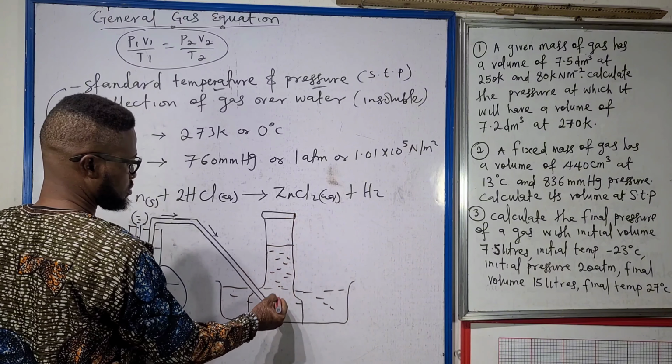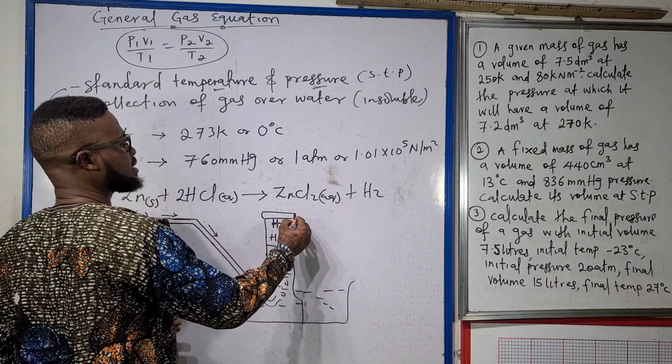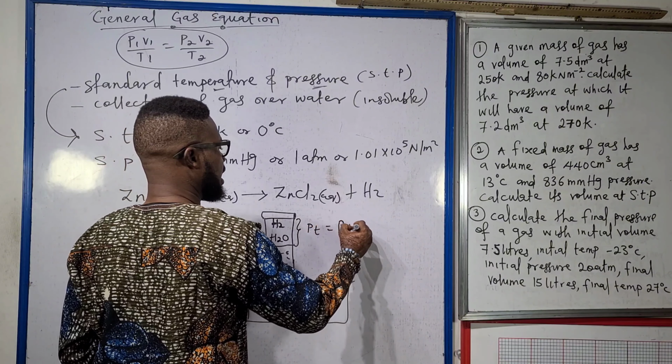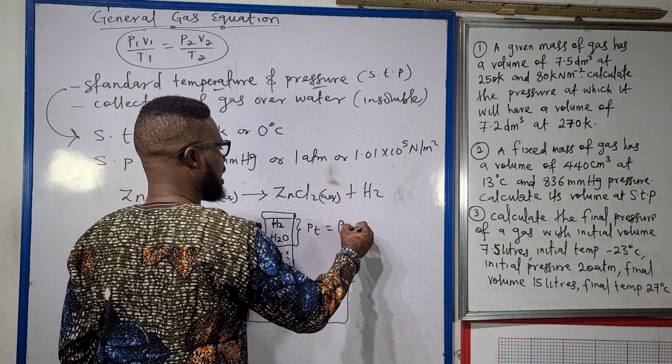You need to understand that there are instances whereby some of the water here will change to the gaseous form of water, so that the total pressure you have here is the pressure of the gas we are talking about, in this case hydrogen, plus the saturated vapor pressure of water.